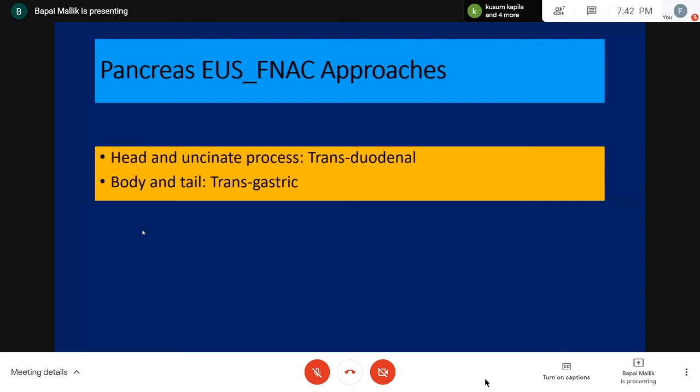That is because when the lesion is approached through the transduodenal route, almost always you're going to get contamination from duodenal epithelium. And if it is obtained from the transgastric route, you're going to get contamination from the gastric epithelium.